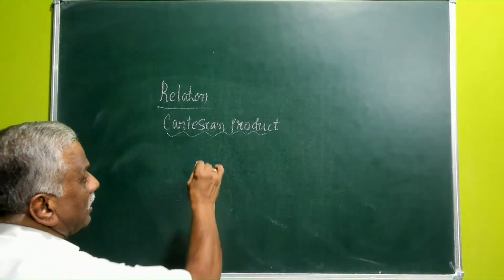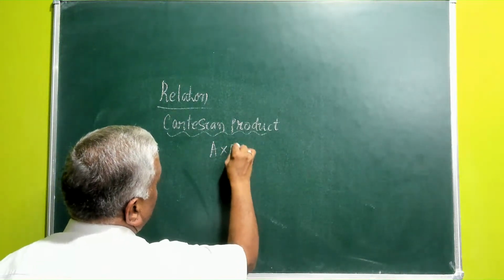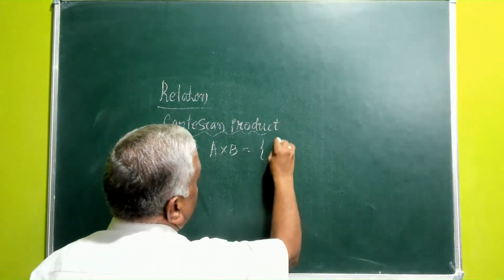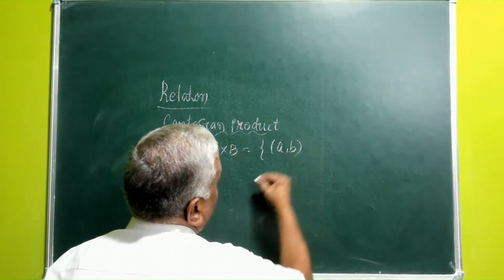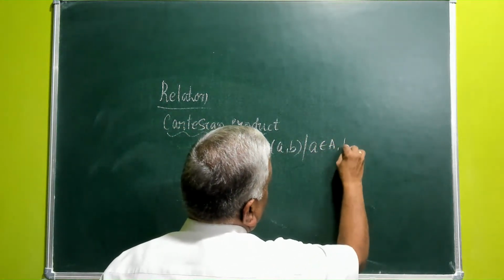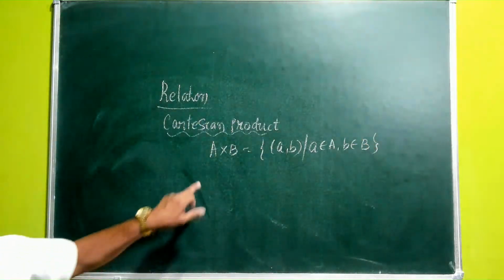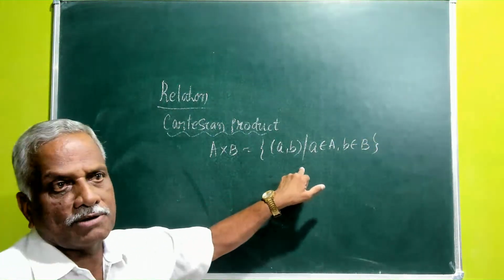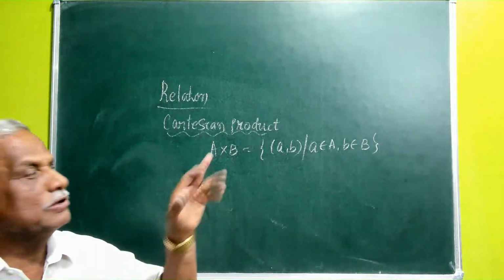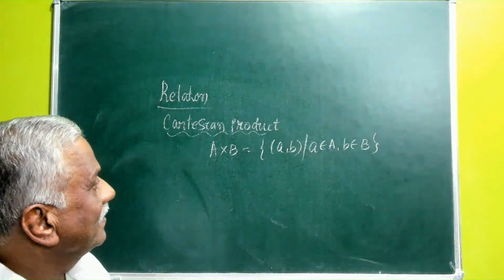So Cartesian product is defined as A cross B. What is a Cartesian product? Set of all ordered pairs (a, b), where a belongs to A and b belongs to B. This is called A cross B, the Cartesian product.